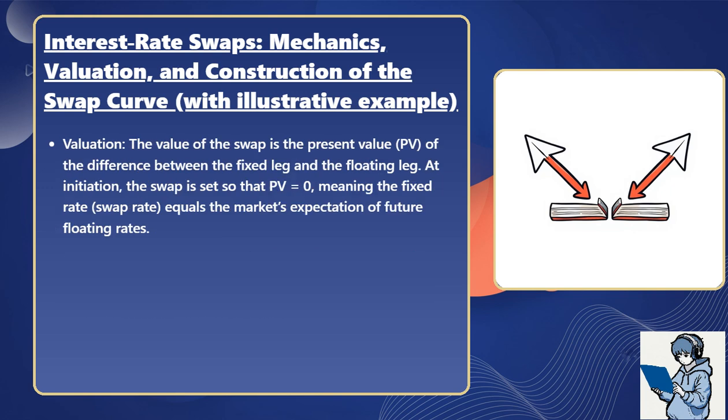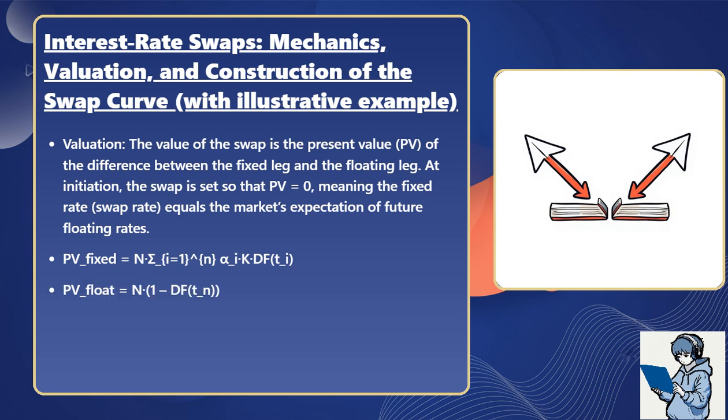Valuation: the value of the swap is the present value, PV, of the difference between the fixed leg and the floating leg. At initiation, the swap is set so that PV equals 0, meaning the fixed rate, the swap rate, equals the market's expectation of future floating rates. PV fixed equals N times the sum from i equals 1 to n of alpha i times K times DF of Ti.